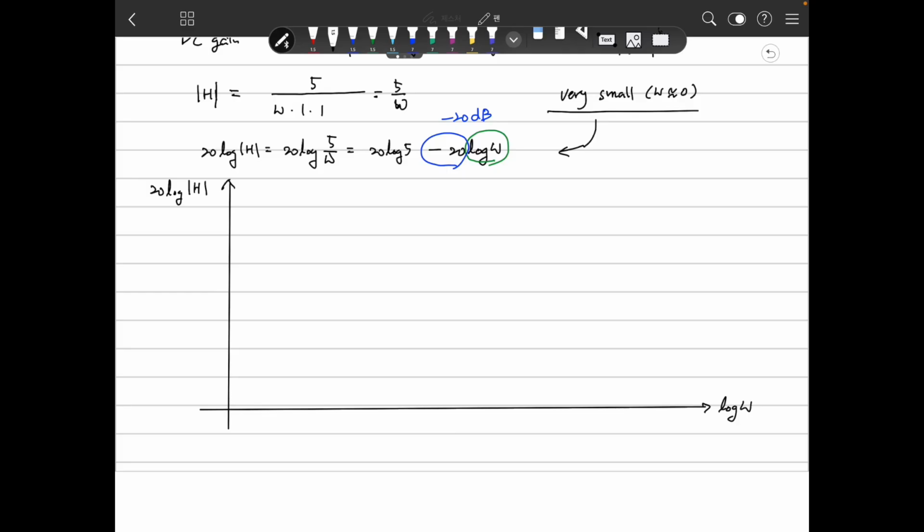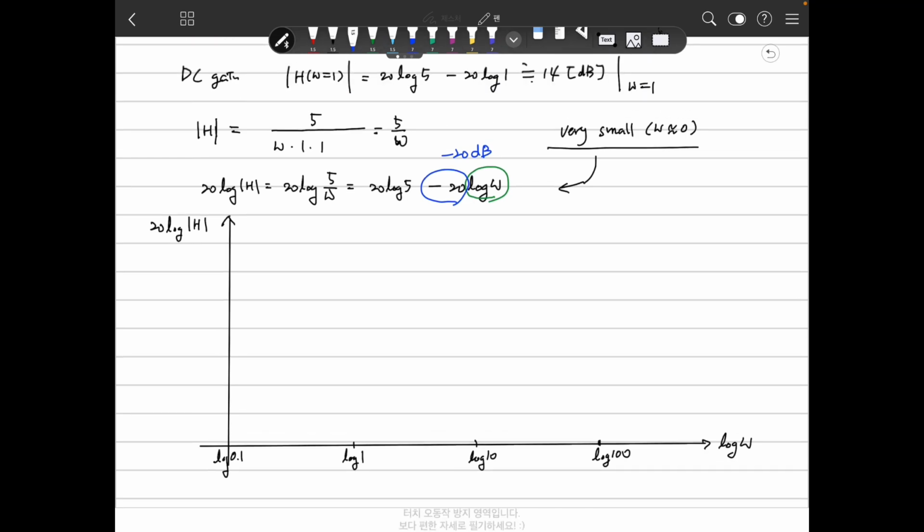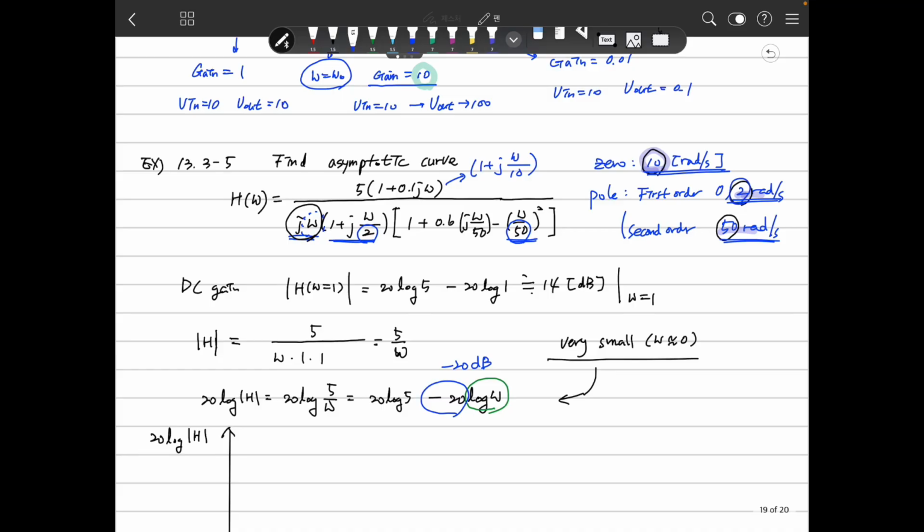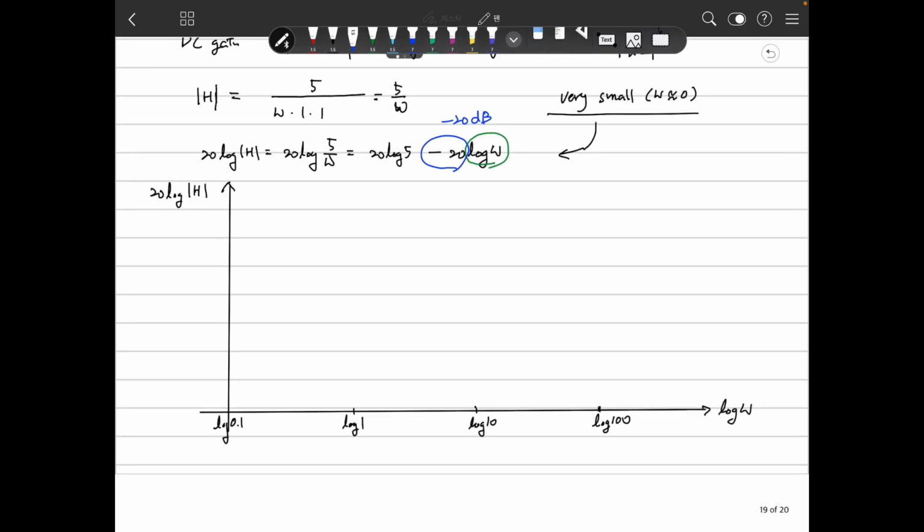We define, for example, log 0.1, log 1, log 10, and log 100. Then maybe our constant frequencies are 2, 10, and 50. So this will be log 2, this is log 10, and 50 will be here, log 50.